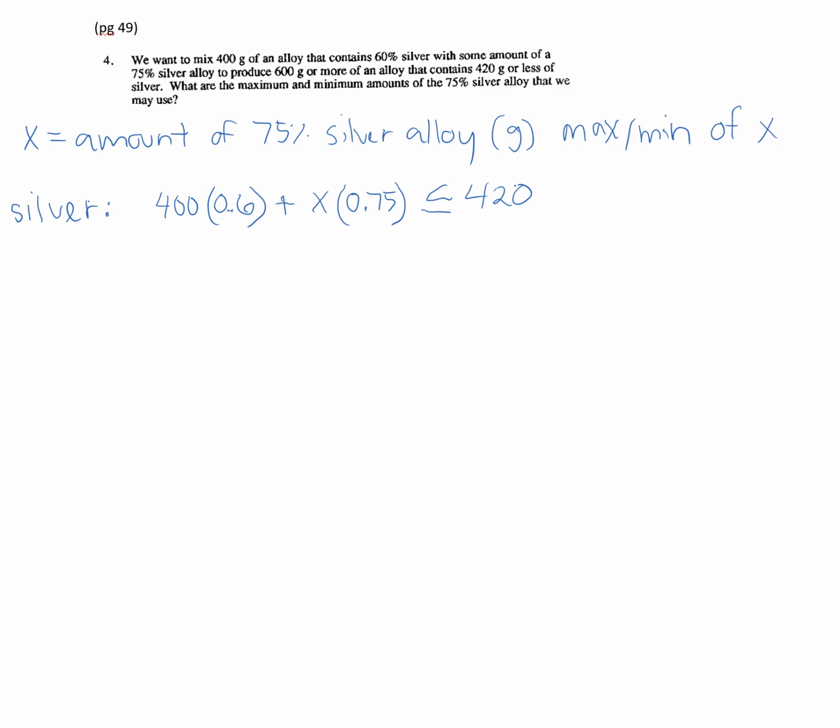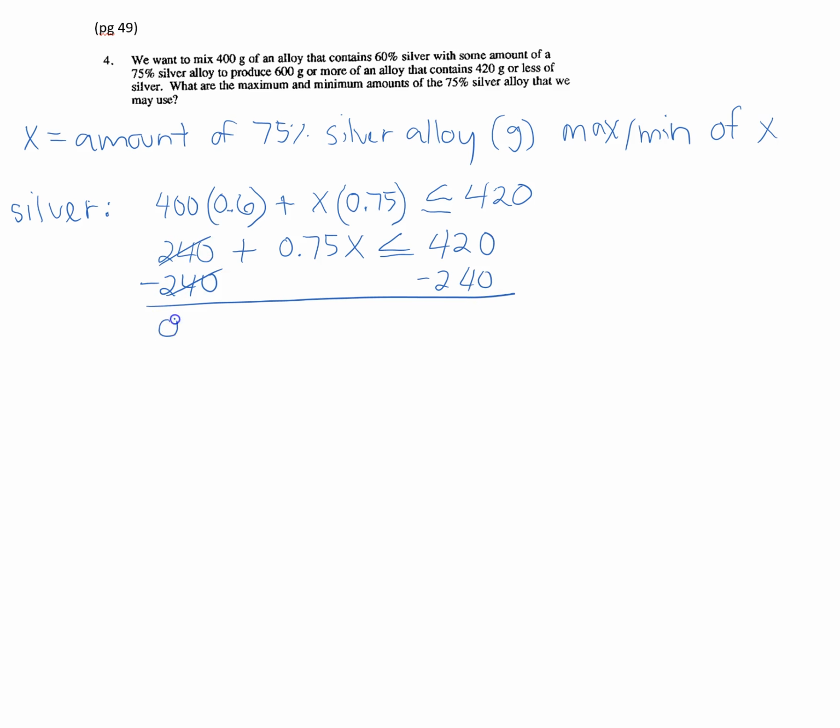And I'm just going to evaluate this out and solve for X. So 400 times 0.6 gives us 240. Then 0.75x is less than or equal to 420 minus 240, so I'm going to subtract 240 from both sides.